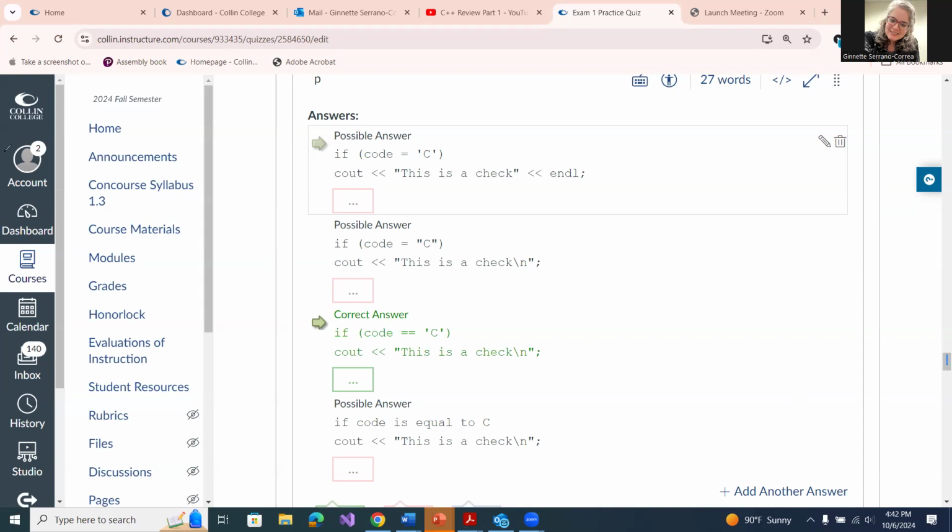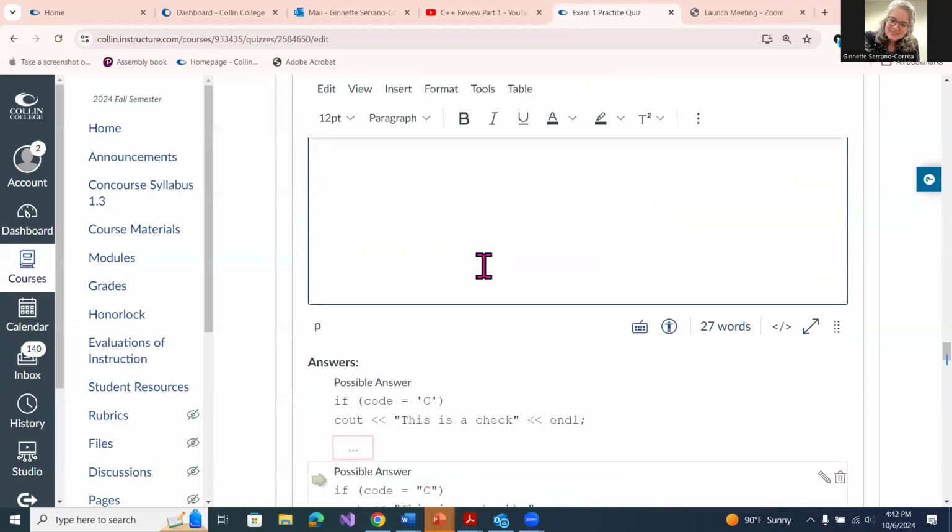I don't know if we did ternary operators. So going back to here.